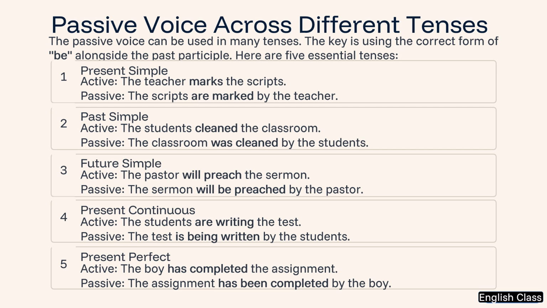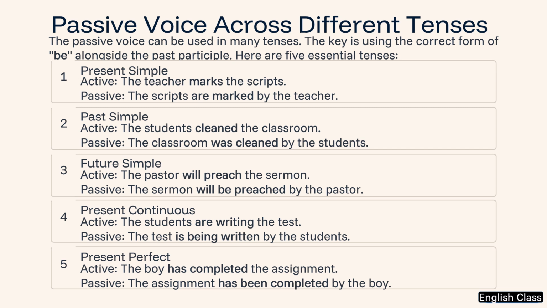In passive voice, you have the classroom was cleaned by the student. Are you getting it? Now, in future simple tense, we have the active voice as the pastor will preach the sermon. That's in the future. He's going to preach the sermon. Now, if we put it in passive voice, you have the sermon will be preached by the pastor.